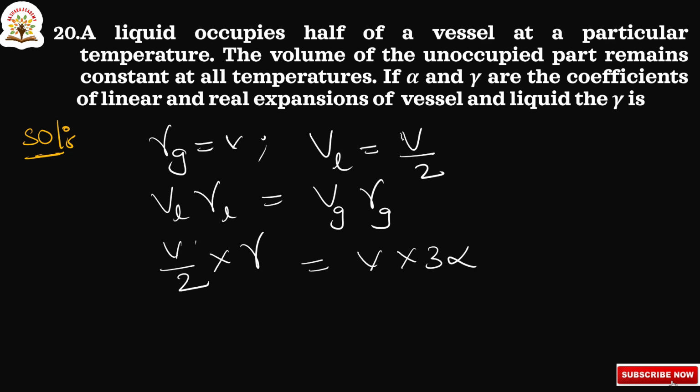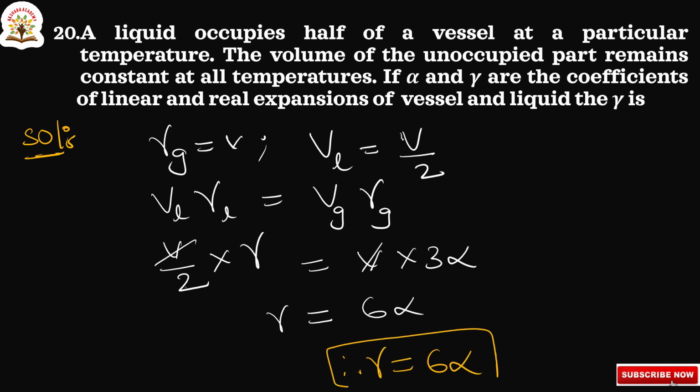Here V gets cancelled, and gamma is equal to, taking cross multiplication, 2 3s are 6 alpha. Therefore the value of gamma is 6 alpha. Okay, next we will go to the next question.